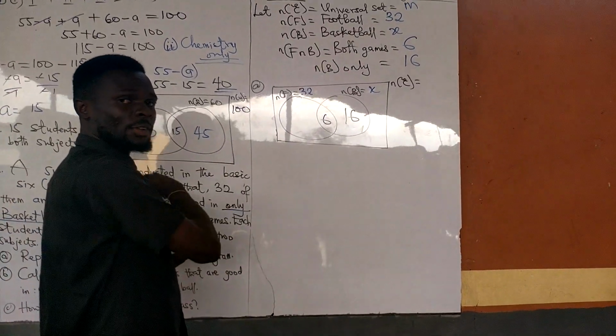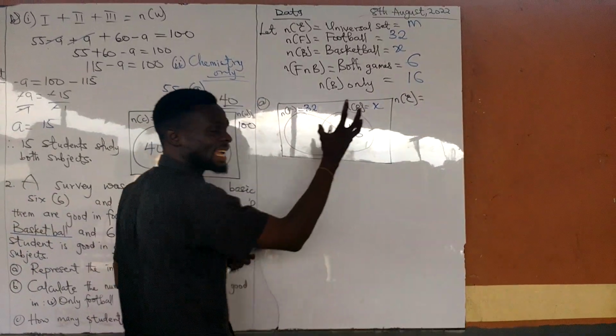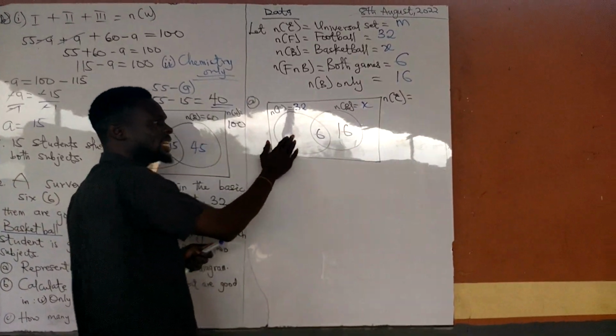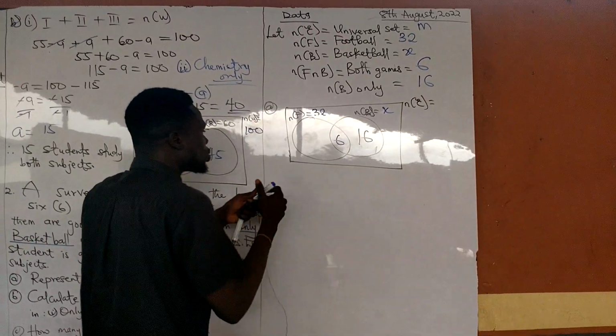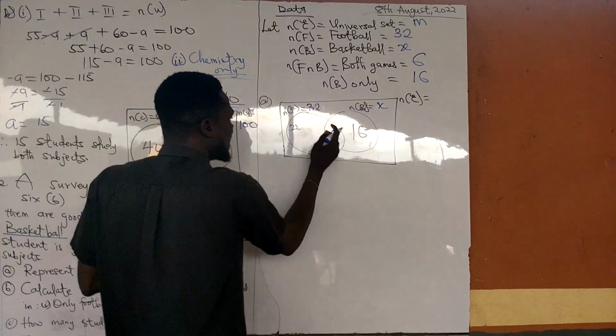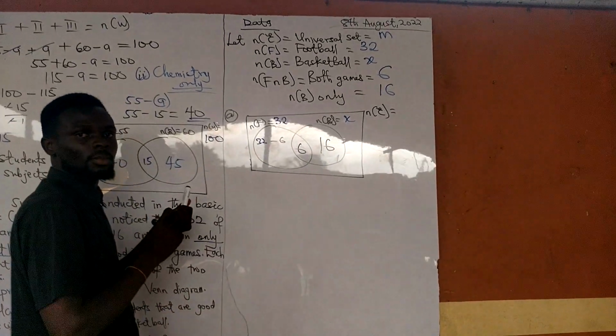So just as we did for the first one, drop this value inside, then you subtract the intersection so that you will get the region here, I, as the football only. So we have this 32, then you subtract the 6 out.